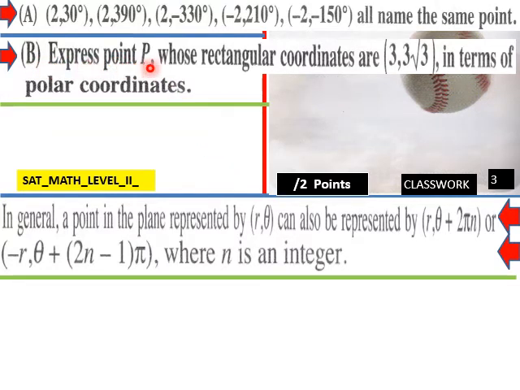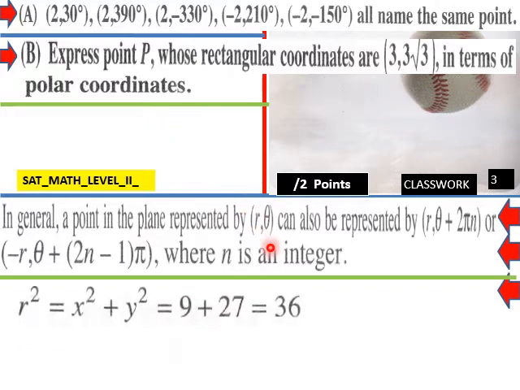Express point P, whose rectangular coordinates are 3 and 3 times the radical 3, in terms of polar coordinates. So r squared equals x squared plus y squared, and plugging these values in, r squared will be 9 plus 27, which equals 36.